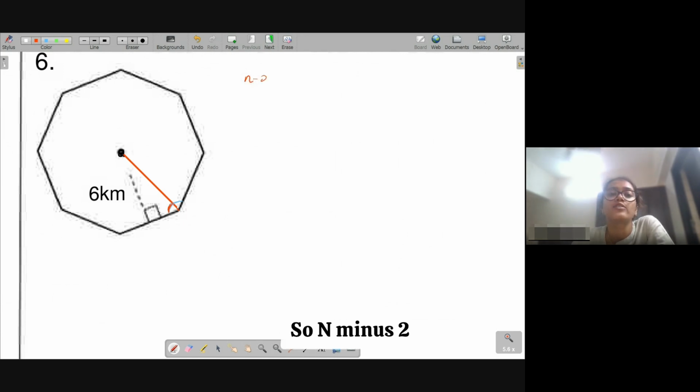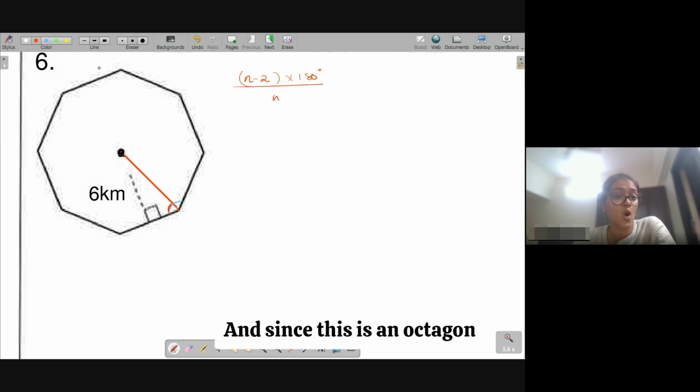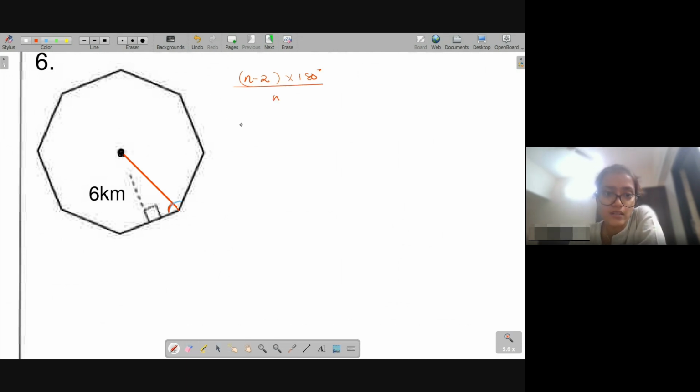So n minus 2 times 180 over n, and since this is an octagon, n will be 8. So 8 minus 2 is 6, 6 times 180 over 8.